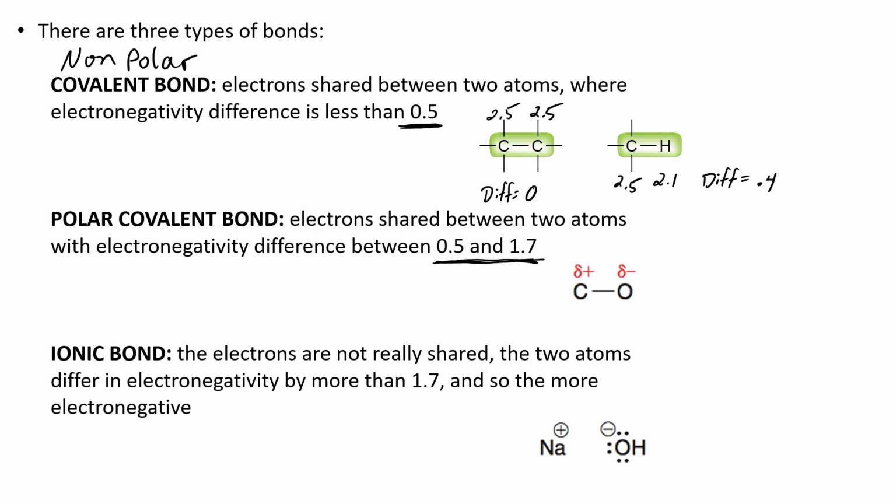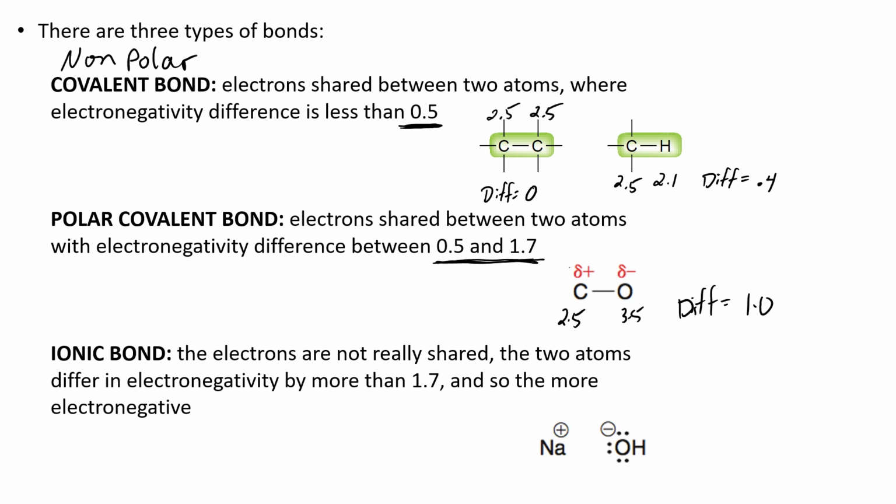So let's focus on the polar covalent bonds. The electronegativity of carbon is 2.5. The electronegativity of oxygen is 3.5. The difference is 1.0. So that falls in between 0.5 and 1.7. Therefore, it is a polar covalent bond.